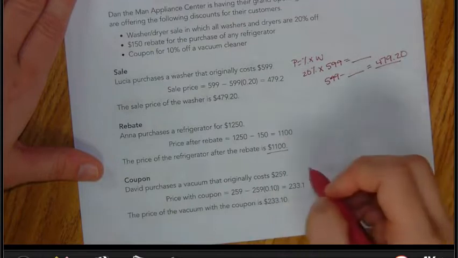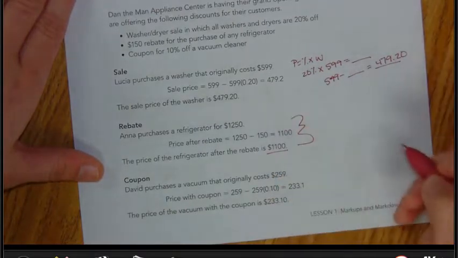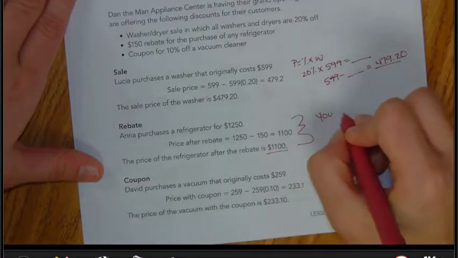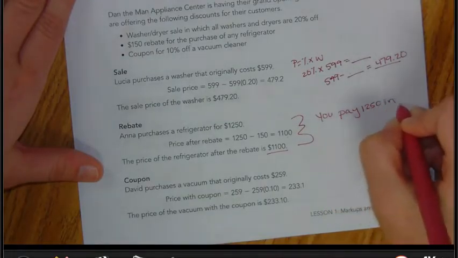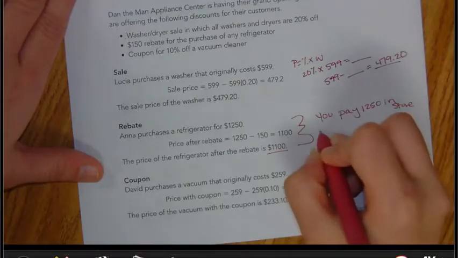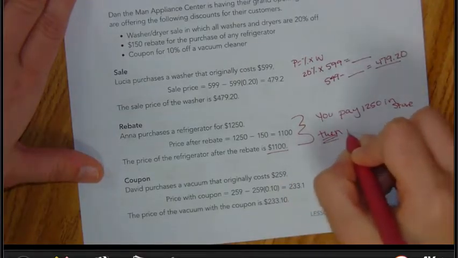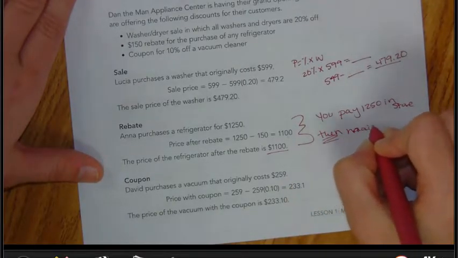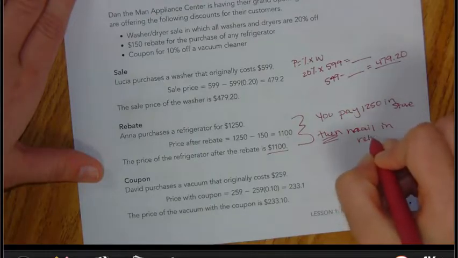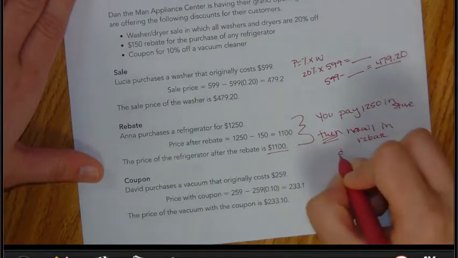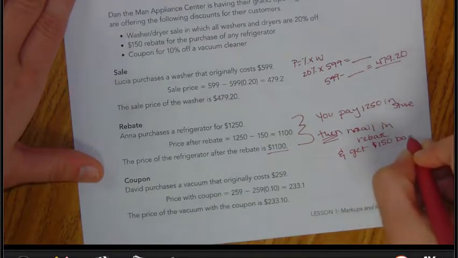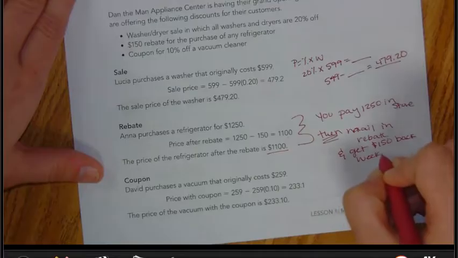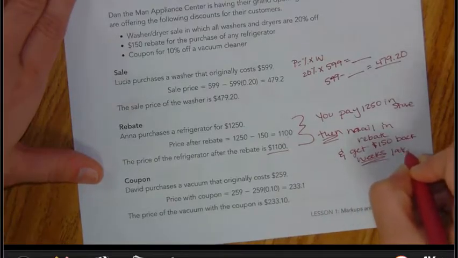Now, here's the thing I need to tell you about a rebate. You pay the $1,250 in store, then mail in the rebate and get $150 back weeks later.